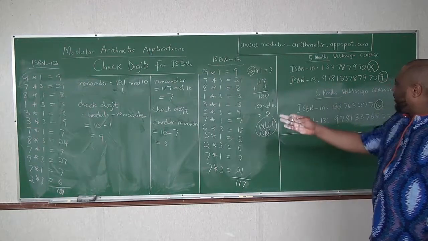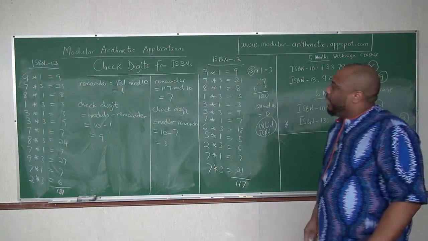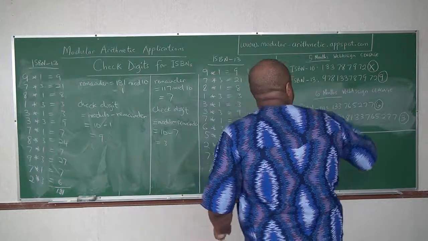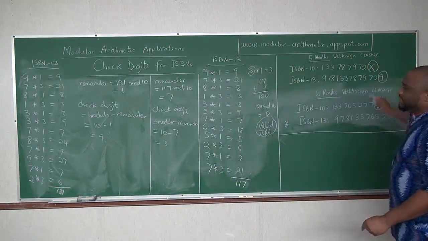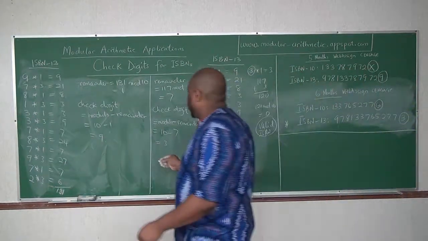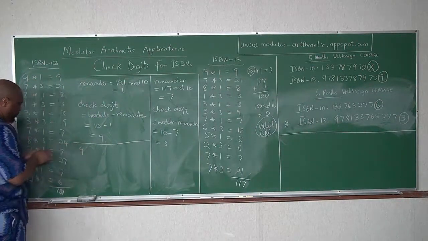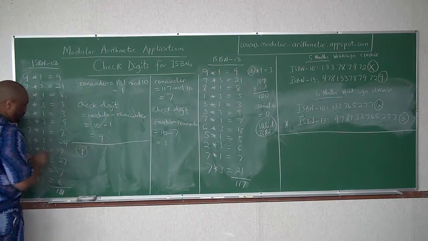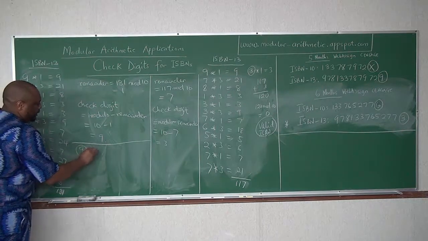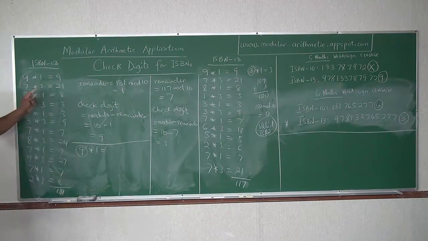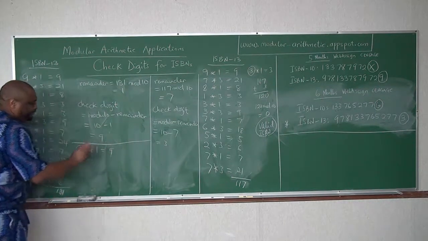Okay, we can also do this one. Here, the check digit is 9. So, that 9, let me circle as a check digit. You multiply it by 1, because you're doing 1, 3, 1, 3, 1, 3, 1, 3. So 9 times 1 is 9.